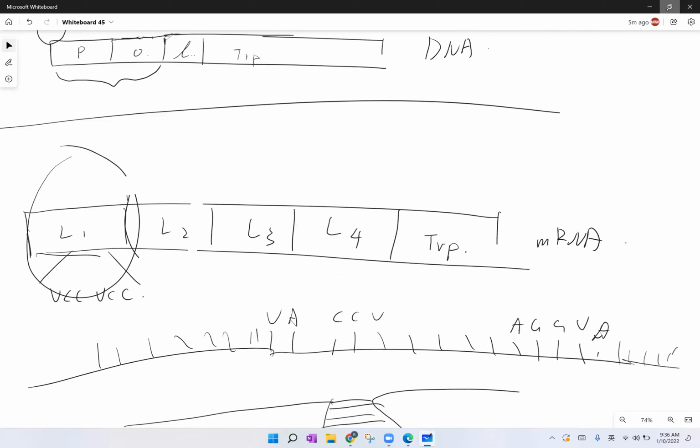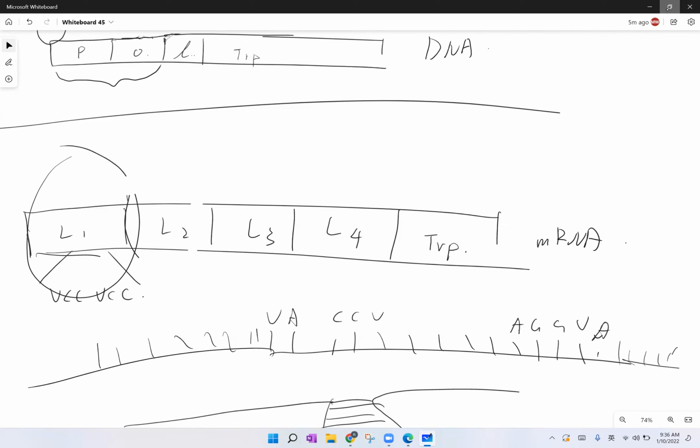So it's just like a zipper. If the ribosome is on your L2 region, is it possible for this region to attach to the other side, to attach to L3? No, it's not, because the ribosome is in between. There's no way that the two sequences are going to bind with each other.